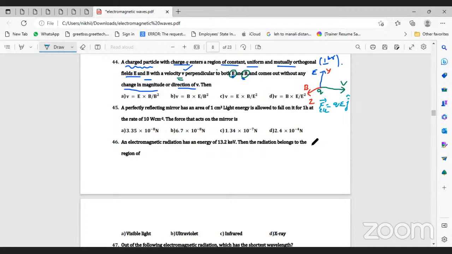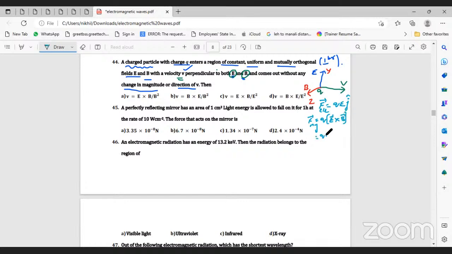Now, this charge also will experience a force due to magnetic field, isn't it? What is the force due to magnetic field? It is Q into V vector crossed with B vector.